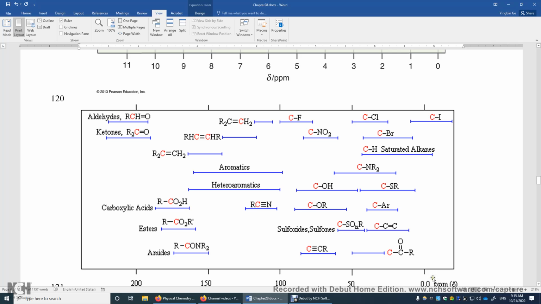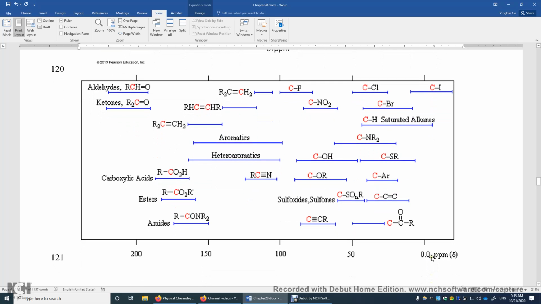So the reference is TMS. Arbitrarily, we say the chemical shift of the carbon atoms in TMS is 0.0. This is an arbitrarily chosen zero reference.